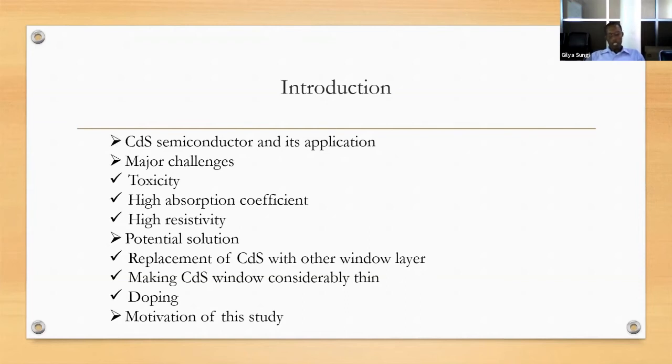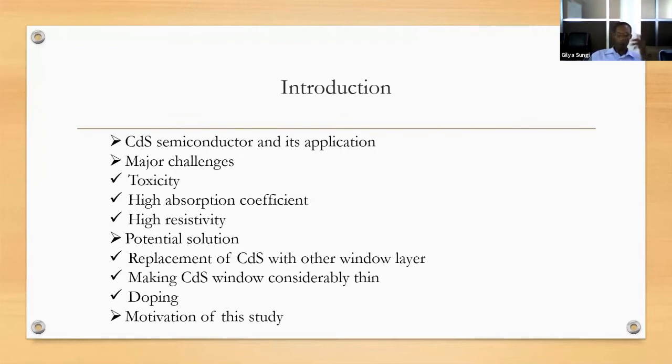There are some suggested solutions to address these challenges. Among the suggestions is to replace cadmium sulfide with other window layer materials. We have said that there has not yet been found a material which is better than that one.